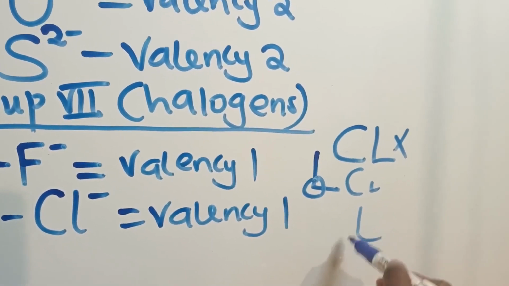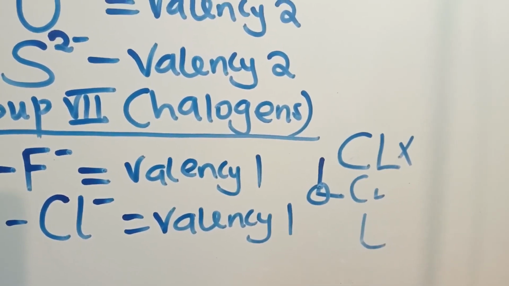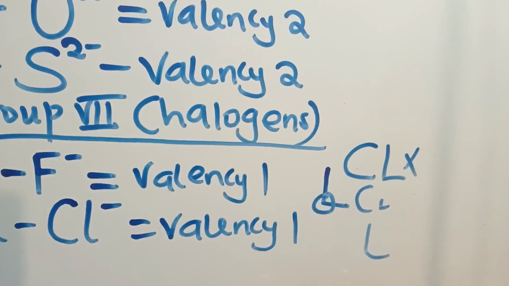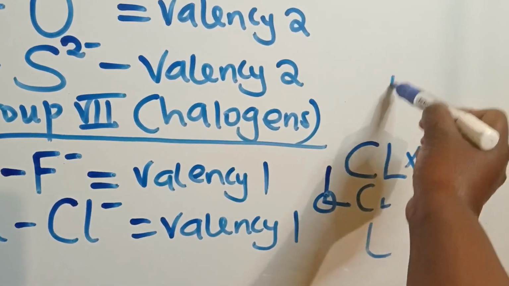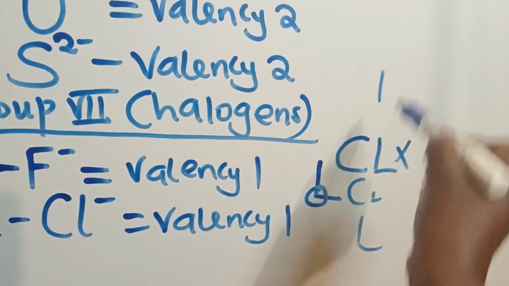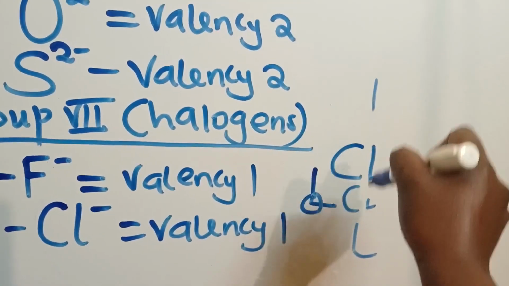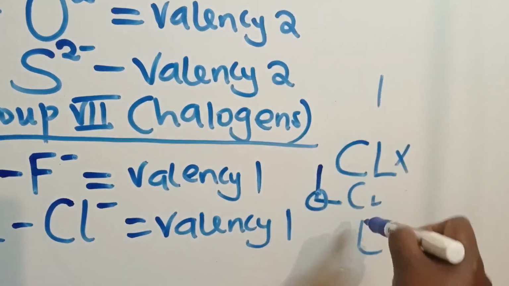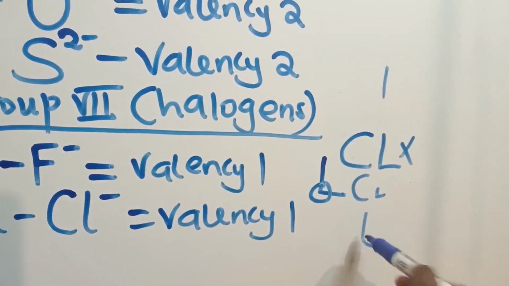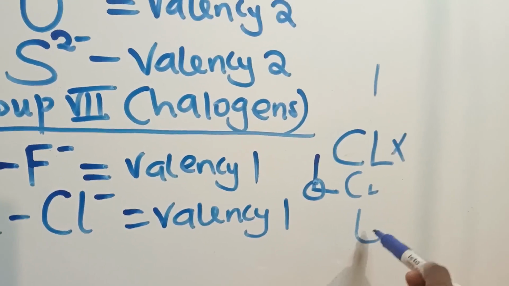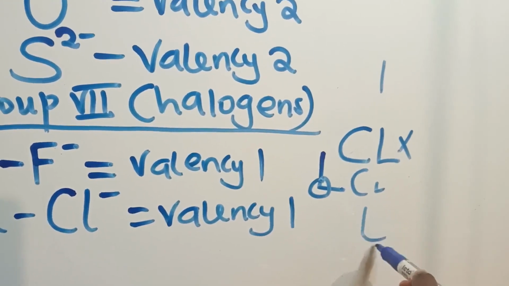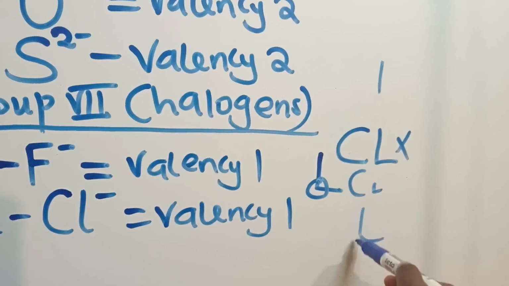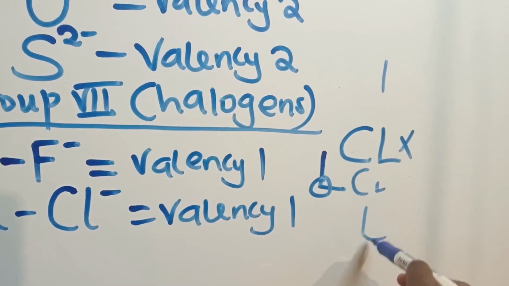Now that you are not printing it, I see when they are writing it, sometimes they just write it like they are writing a letter I. But when you're writing it using your hand, always have the L with a rounded corner here.